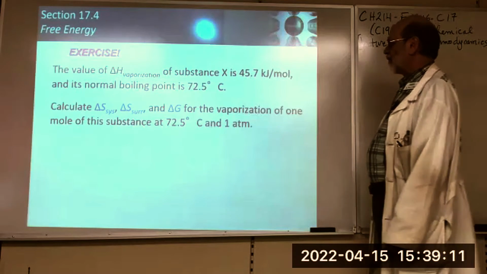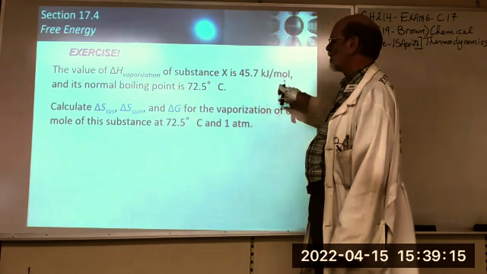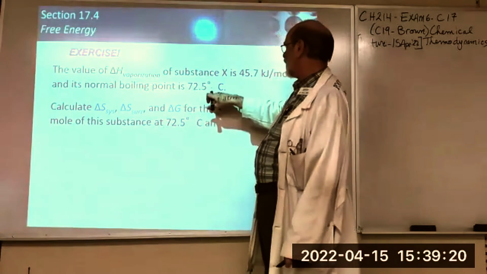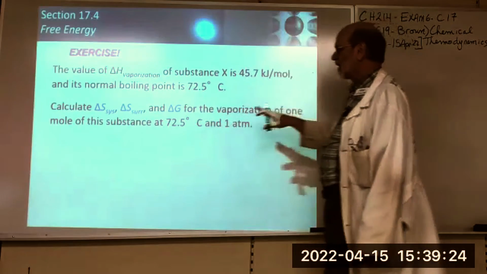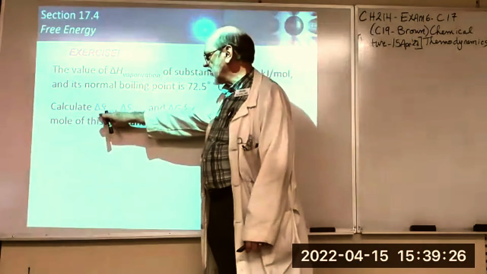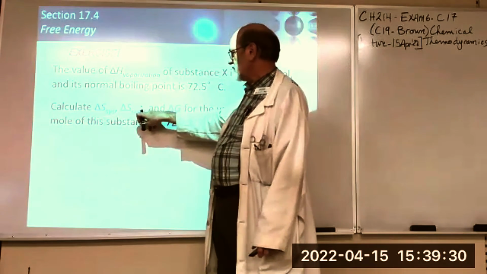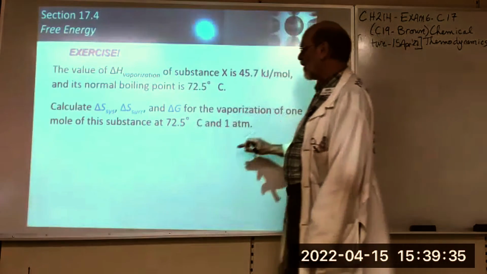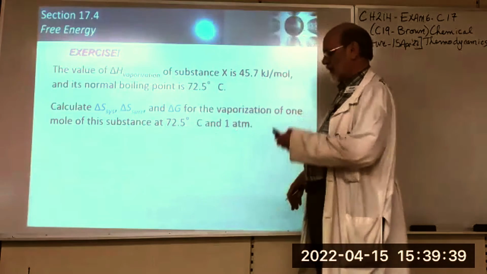So the enthalpy of vaporization of a substance is 45.7 kilojoules per mole, and its normal boiling point is 72.5 degrees Celsius. Let's calculate the system entropy, the surroundings entropy, and the delta G for the vaporization of 1 mole of this substance at 72 degrees and 1 atmosphere.